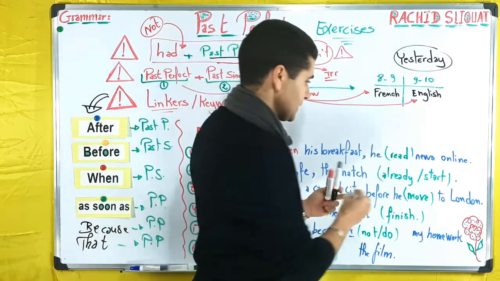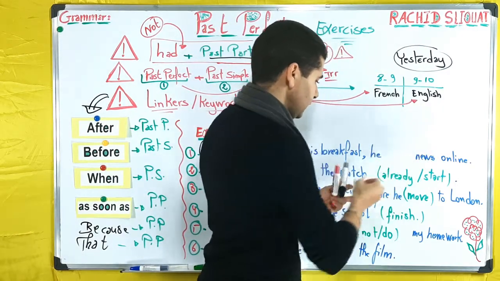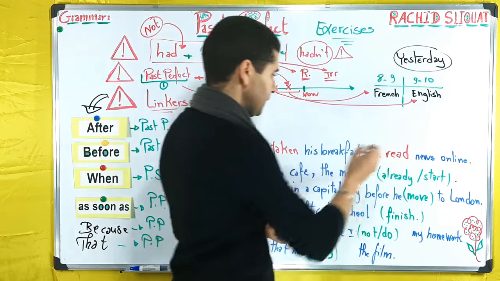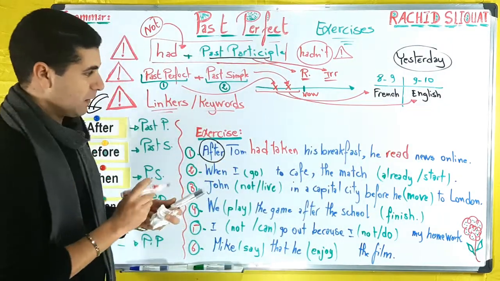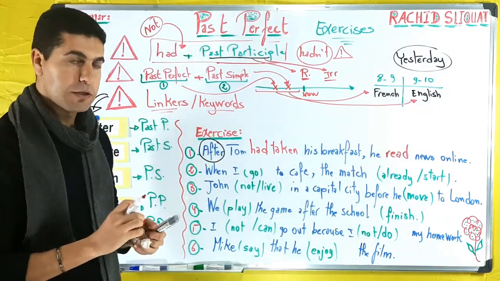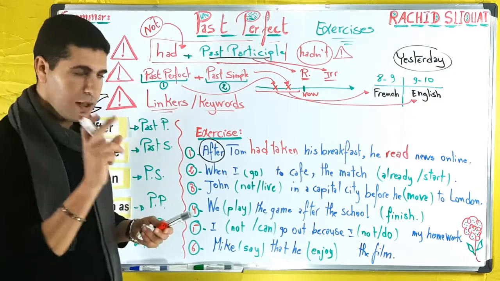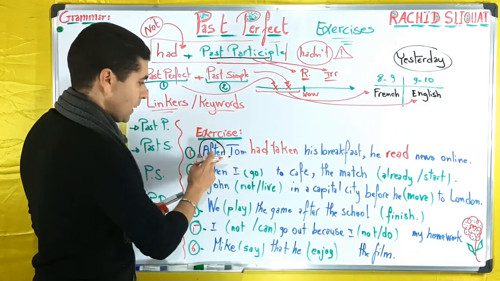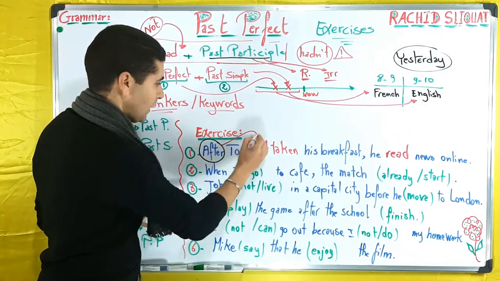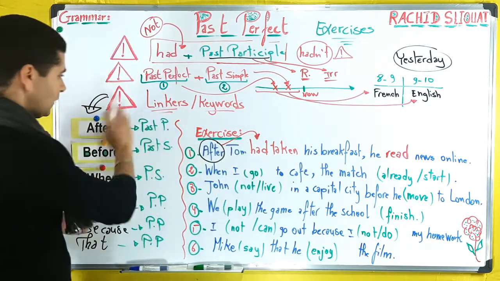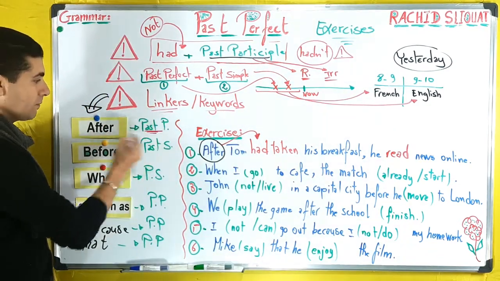So he read. The past simple of read is read, okay? After Tom had taken his breakfast, he read the news online. So why here past perfect? Very simply because here we have after, and as I said, after is followed by past perfect, okay?